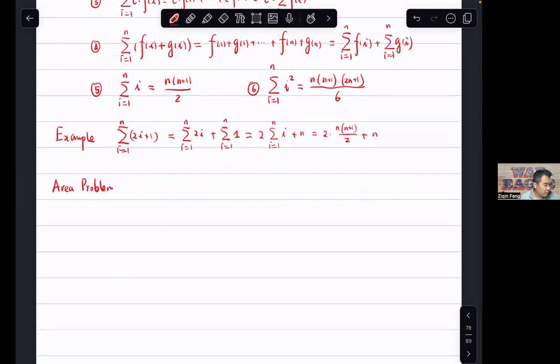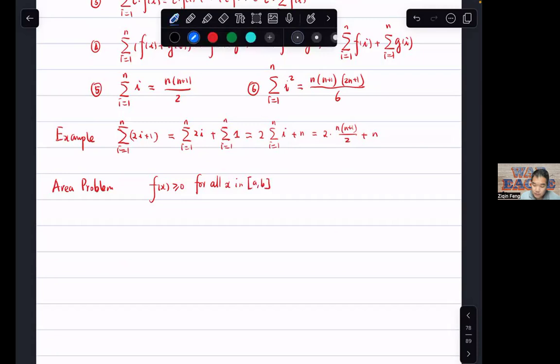Now, what's the area problem? You fix a function f of x, which is greater or equal to 0 for all x inside [a, b], a bounded closed interval. So this function is always non-negative.